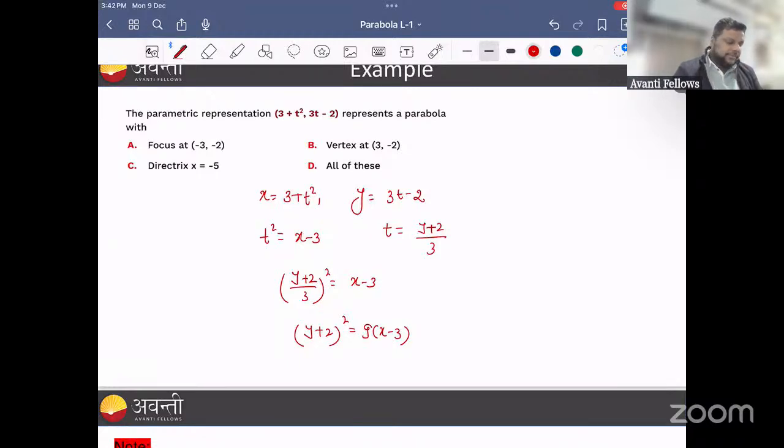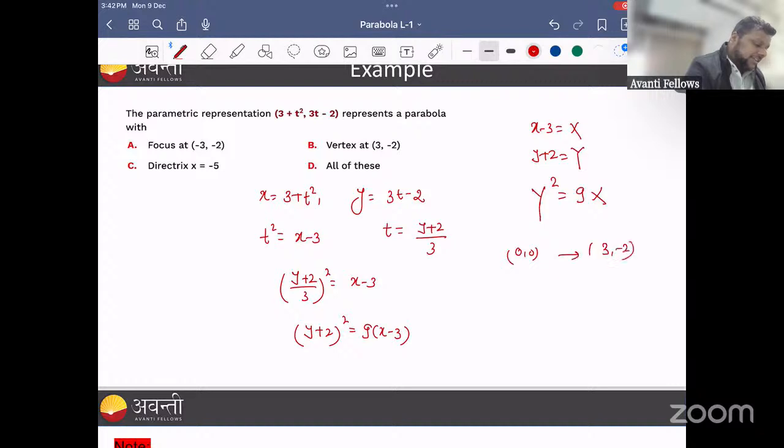Am I clear? Now you can find everything you want. x minus 3 goes to capital X, y plus 2 goes to capital Y. So the parabola became Y square equals 9X. What is the vertex for this parabola? (0, 0). So the vertex for the new parabola will be (3, minus 2). Got it? What is the focus? The focus is (a, 0), and a in this case is 9 by 4.